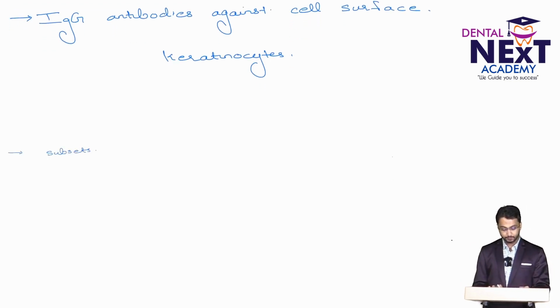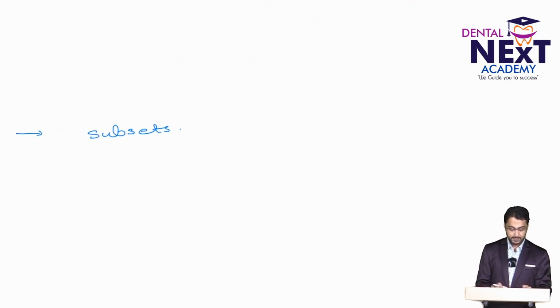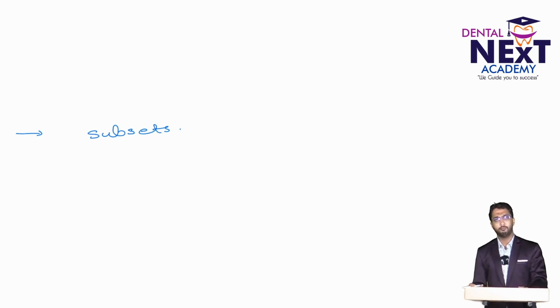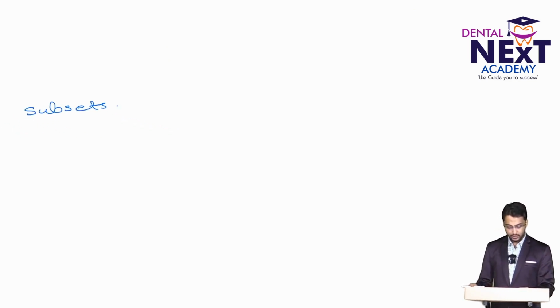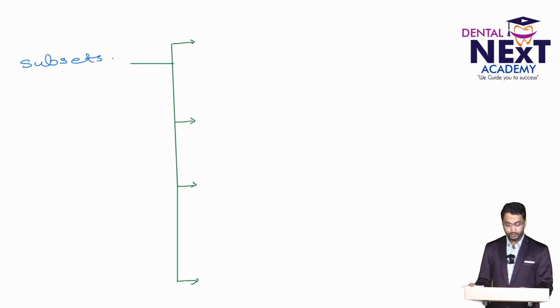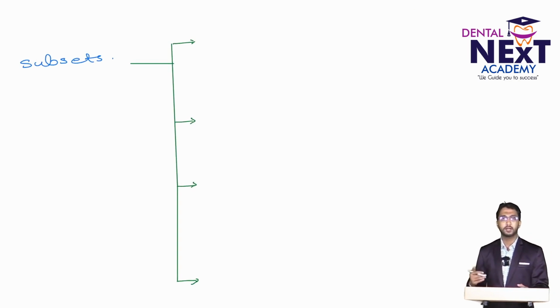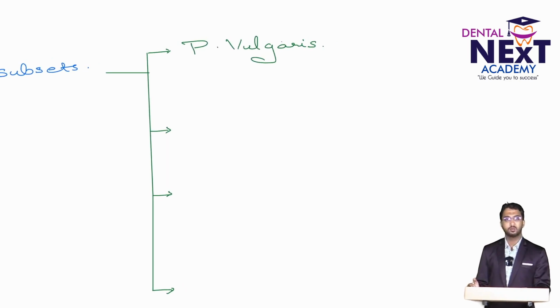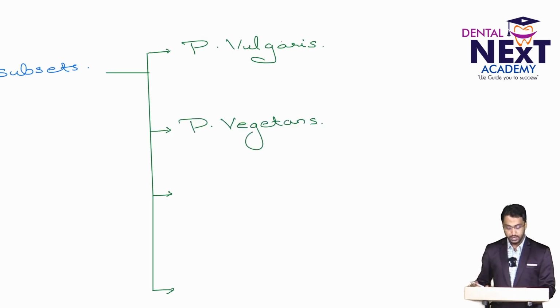Now there are different subsets or subtypes of pemphigus. They are divided into 4 major types and some related diseases. One is pemphigus vulgaris, the most important. Pemphigus vegetans, we'll discuss a little bit on that.